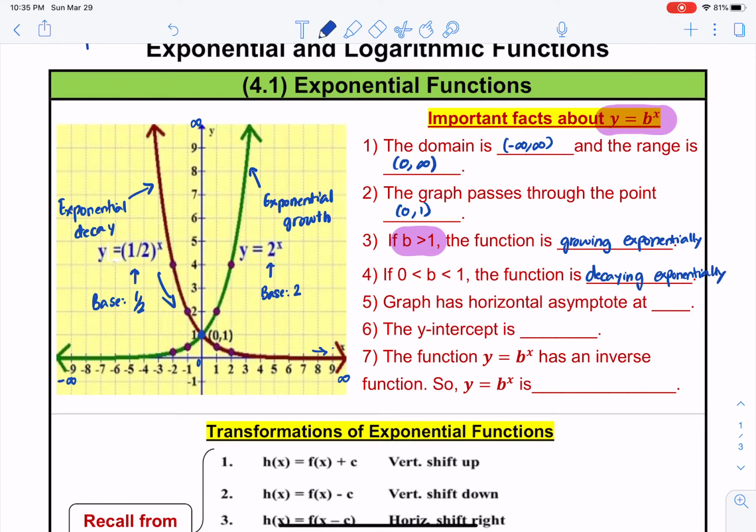So the value of b is going to determine if the function is going to grow or decay. Decay also means decreasing. So we look at the value of b, and if b is greater than 1, the function is going to grow exponentially. If not, it is going to decay.